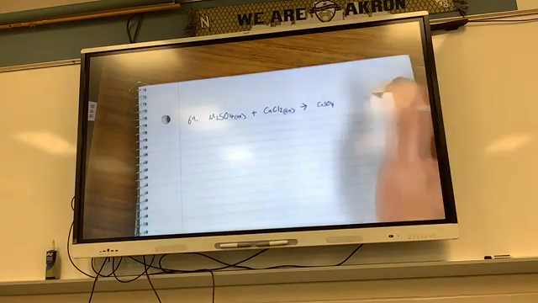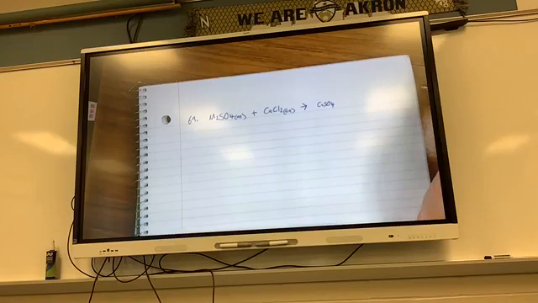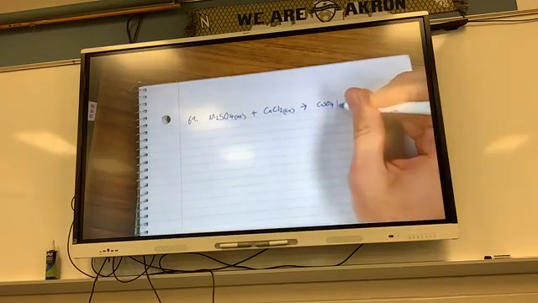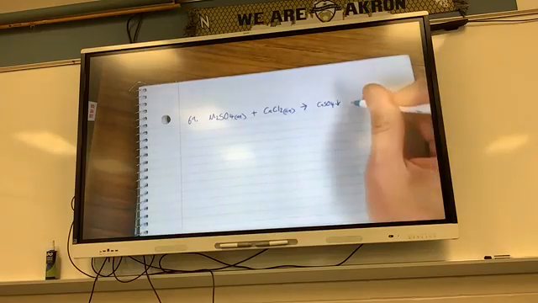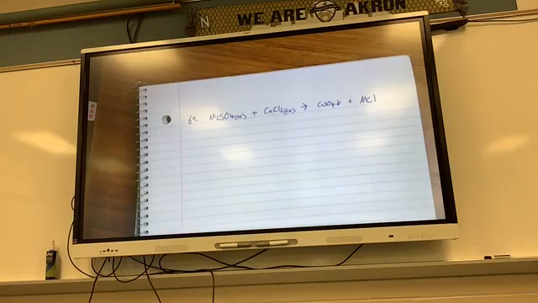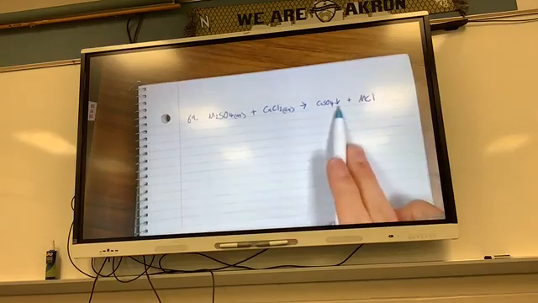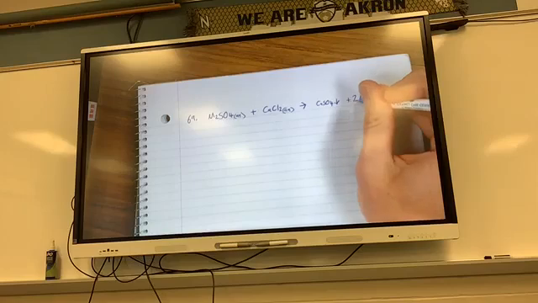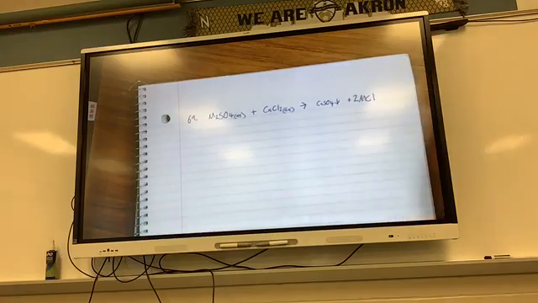Is that aqueous or not? It's a solid, not soluble. Plus MCl. Are you guys okay with how we just did that? That's why I got the down arrow. It's not soluble. Balance it. 2 here. I think that's it.